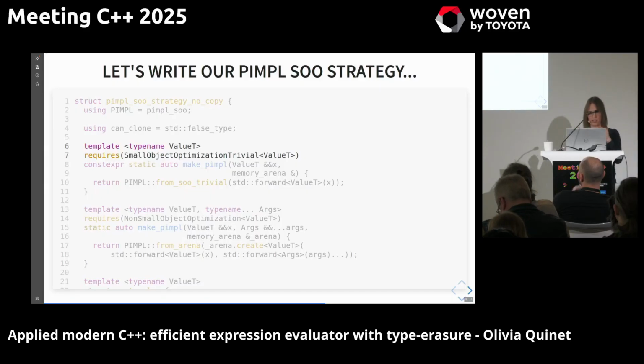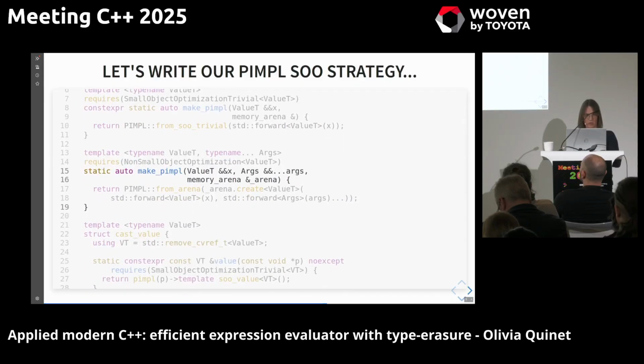That means that if you pass a type of value that cannot go in the pimple, this function will not be called or even defined. That's great, because then the compiler knows exactly which branching it can optimize or not. So we create the pimple from SSO trial, create a pimple. Same for the non-small object optimization case, but in this case we are using the arena.